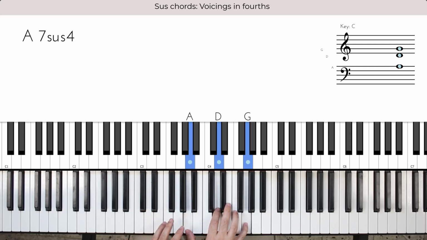So these voicings in fourths really carry within them a large amount of ambiguity, which is kind of what makes them interesting. Now the first thing I want to show you is that if you're playing a voicing in fourths like this, you can use the minor pentatonic scale of the root note to solo over it.